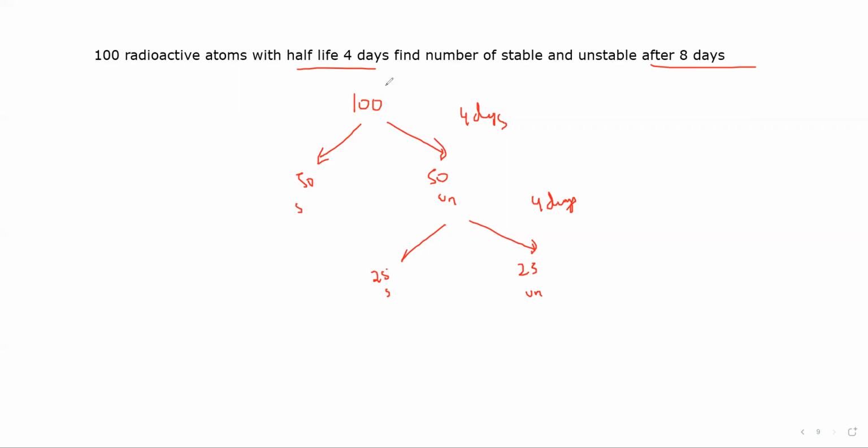So total interval means 8 days. So after 8 days, how many are stable atoms and how many are unstable? So 75 of them gain stability, so they're stable, and 25 of them are still unstable, still emitting out radiation.